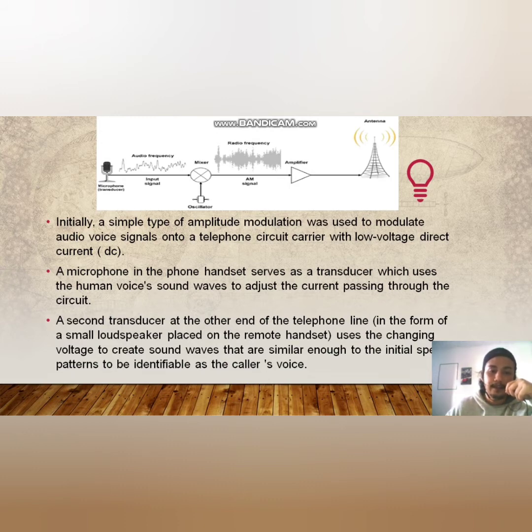A microphone in a phone headset serves as a transducer which uses the human voice sound wave to adjust the current passed through the circuit. A second transducer at the other end of the telephone line is used to change the voltage to create a sound wave that is similar enough to the initial speech pattern to be identifiable as the caller's voice. That's all from me.